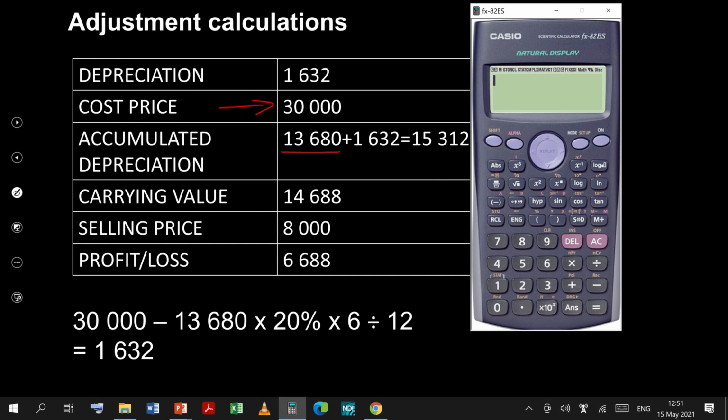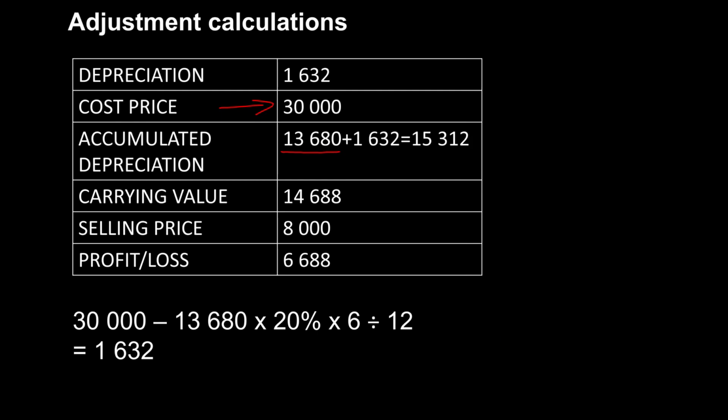So we've got 30,000 minus 13,680, times the 20%, times 6 divided by 12. And that gave me a figure of 1,632. What was the 1,632? That was my current year's depreciation.